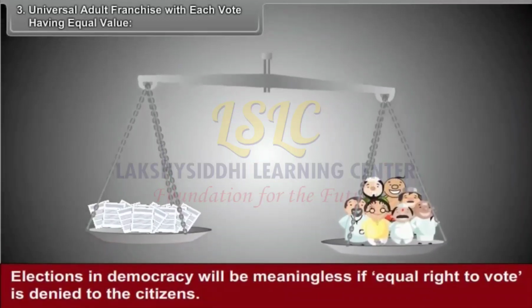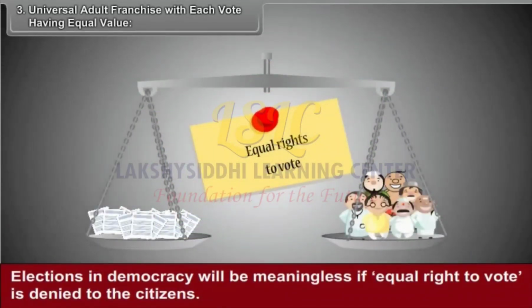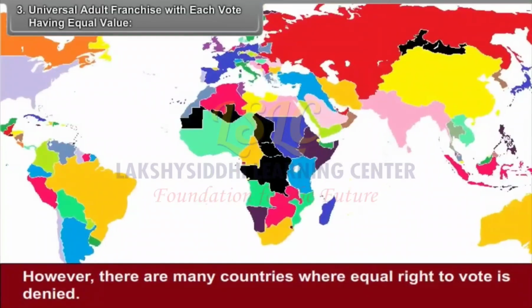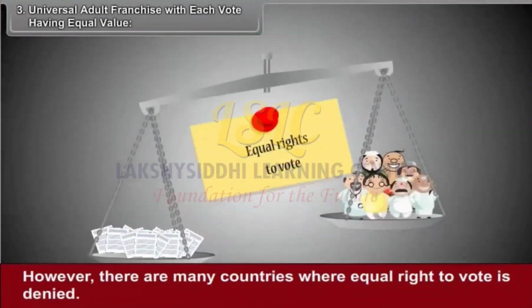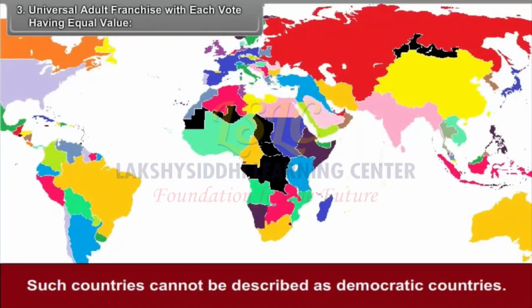Elections in democracy will be meaningless if the equal right to vote is denied to the citizens. Democracy is based on the fundamental principle of political equality. However, there are many countries where the equal right to vote is denied. Such countries cannot be described as democratic countries.